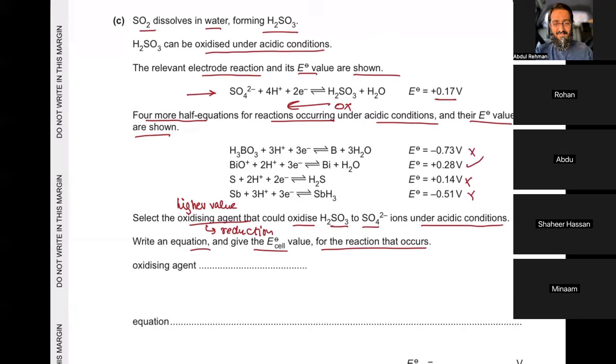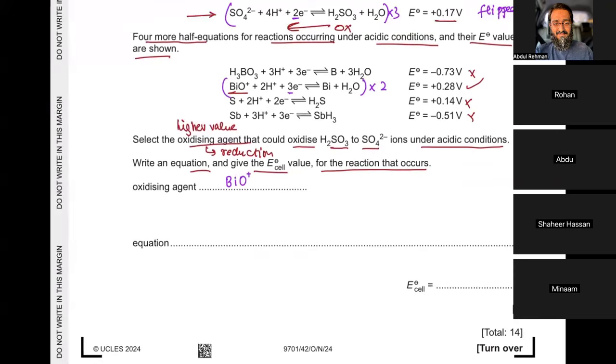Yes, Shahid, very good. So the oxidizing agent is going to be BiO+. It has 3 electrons and this has 2 electrons. So first, this equation is going to be flipped. Secondly, this equation is going to be times 3, and this equation is going to be times 2, in order to balance the electrons.